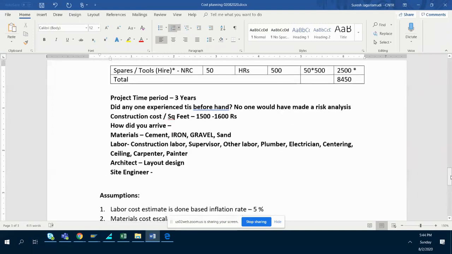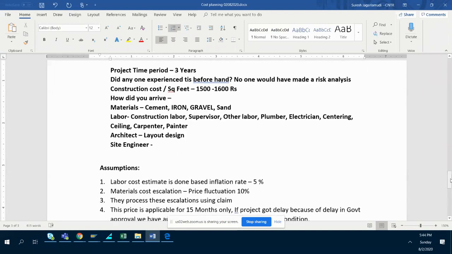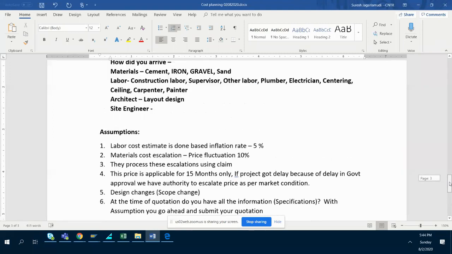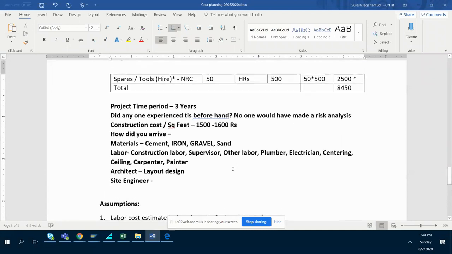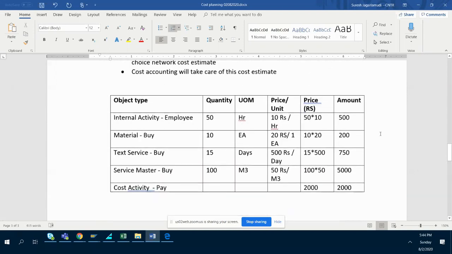No. Hold on. There is nothing like fixed and variable cost here. We are not talking about fixed cost and variable cost differentiation. We are only talking from the perspective of what cost types you are going to have, not in terms of variable and fixed. That categorization is different.